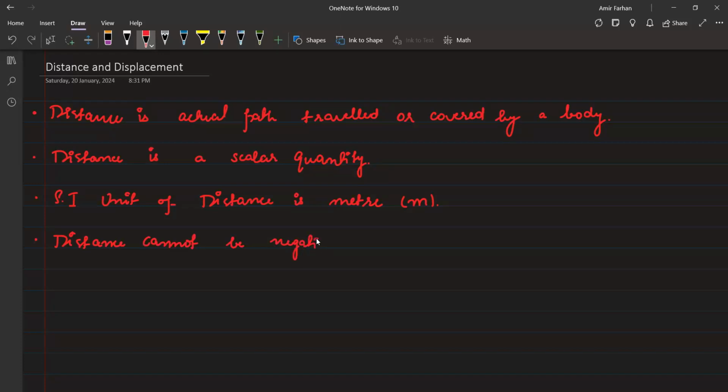As this is a revision class, theory will be very less because of the time constraint, and I'll be giving you short, crisp points of the chapters. Please refer to your full notes while taking the classes.